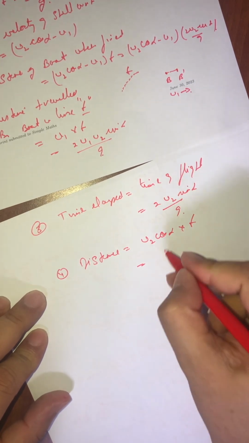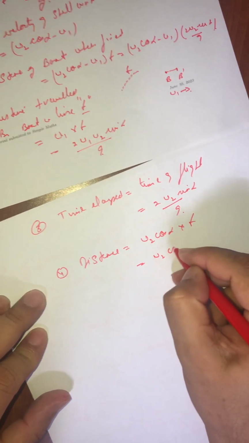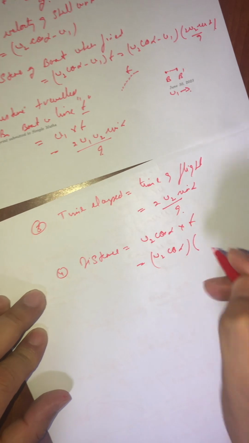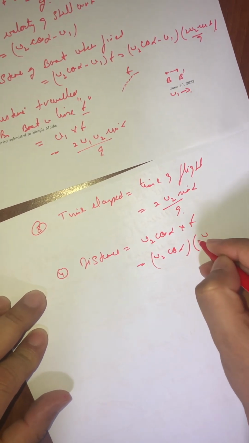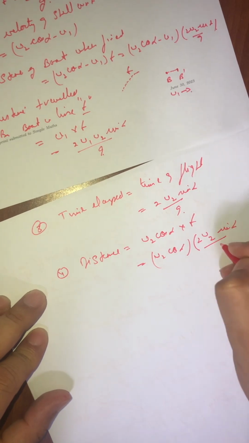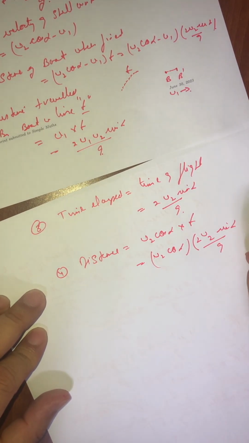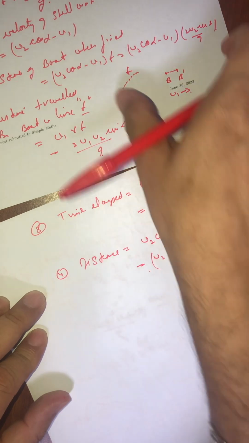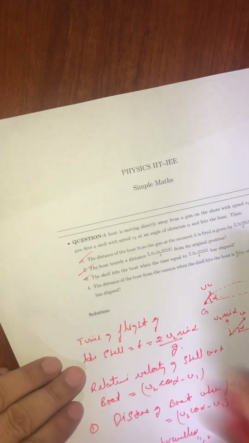T we already know, so we can write this as v2 cos alpha multiplied by twice v2 sine alpha divided by g. So this proves our fourth part.